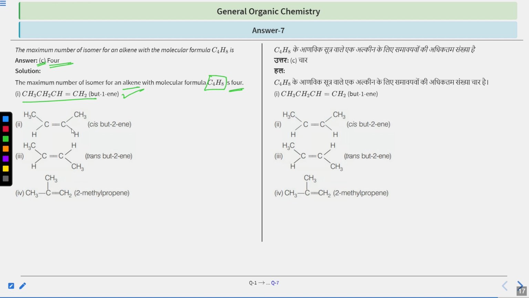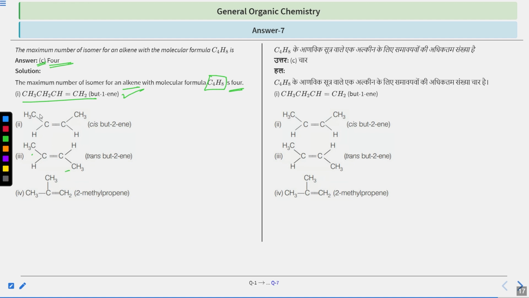Then second, you can put the double bond between the second and third carbon. Then at the first carbon, 1 methyl and 1 hydrogen group will be there, and at the second carbon, similarly, 1 methyl and 1 hydrogen group. And you can rearrange that.